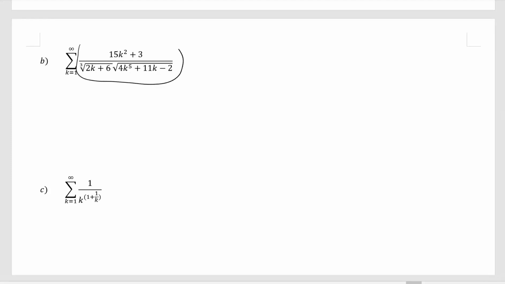So first, this is a sub k, and the first step is we compute the limit of a sub k. What is the dominant term of the numerator? 15k squared. How about the dominant term of the denominator? We have cube root of 2k times square root of 4k to the 5th.